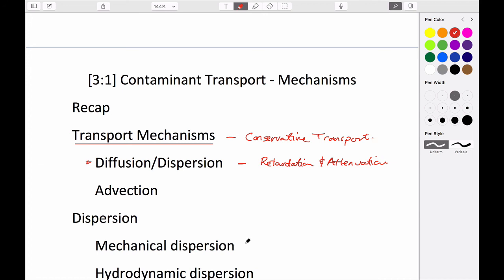And so that's useful to know because this will give us the highest concentrations and the earliest arrival times, because all of the solute that's contained in the water remains in the water and is not removed and placed on the static substrate that flows past. And so conservative transport is the first one for us to deal with. It assumes that both retardation and attenuation are zero. Absorption is zero. And so we'll talk about these in that context.